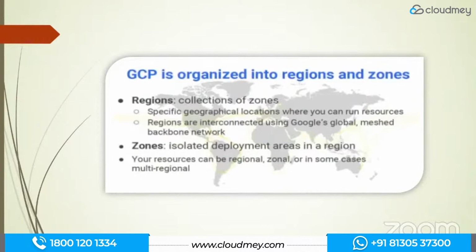And zones, in the sense that suppose you have a Delhi zone, a Mumbai zone, and a Bangalore zone, are the actual placement of your data centers. So India is a region, and suppose it has three data centers, which are called zones in GCP: Delhi, Bangalore, and Mumbai, right? So these are the things that are differentiated, right?